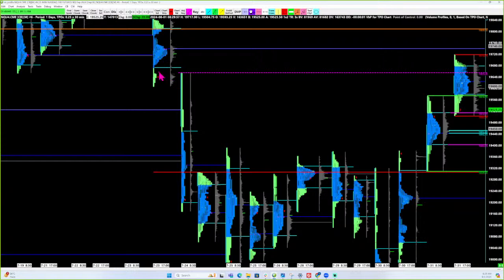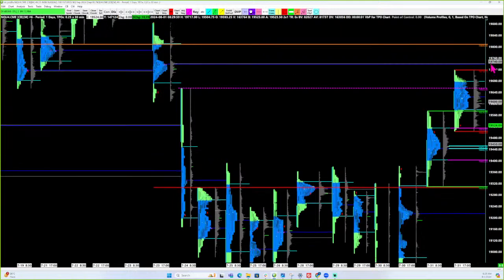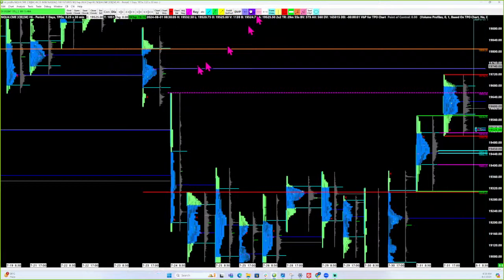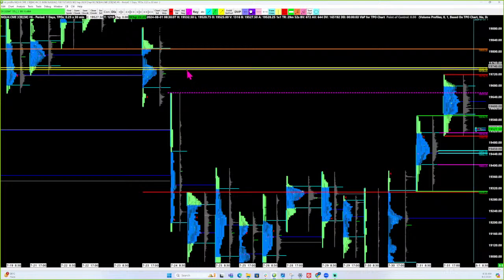This was the prior day, so when you look at that, the natural target, if we come up and test, would be this naked volume point of control right here. This high.